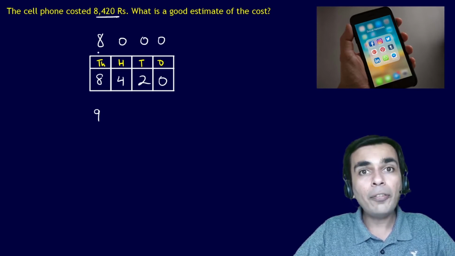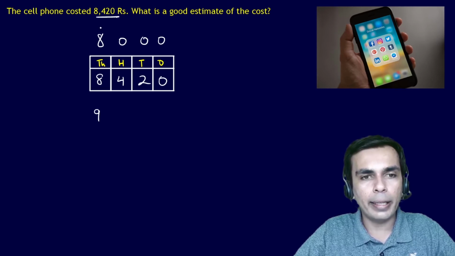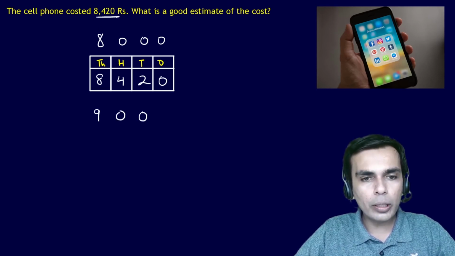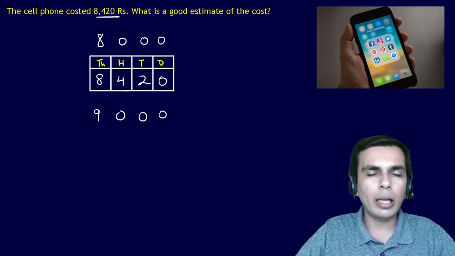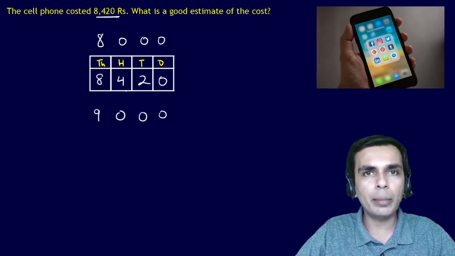It's almost half a thousand lesser. And 9,000 would actually be slightly on the higher side. You don't want to tell your friends that you bought a phone of 9,000. It is just 8,420. So whether it's 8,000 or 9,000, both the thousands are actually on the higher and the lower side. It needs to be a little closer.